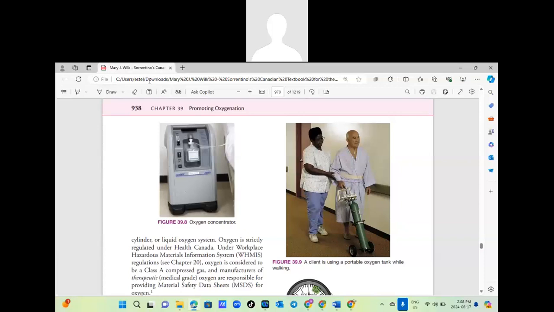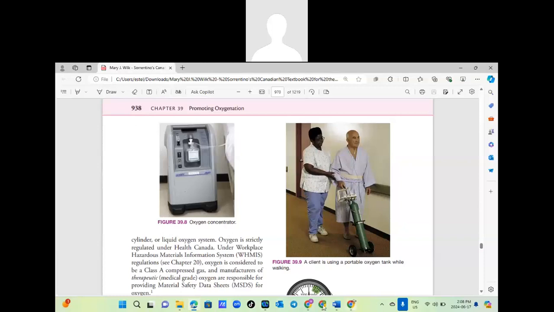It's because this machine is making the oxygen. When we breathe in, the lungs eliminate carbon dioxide. So this one suctions the air, filters it, and delivers it to the person.